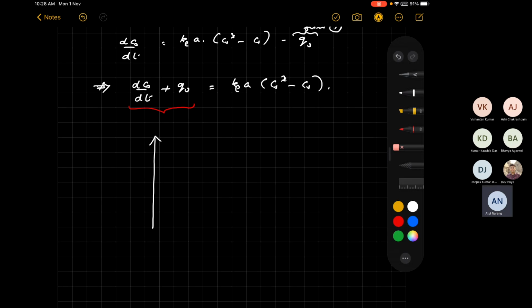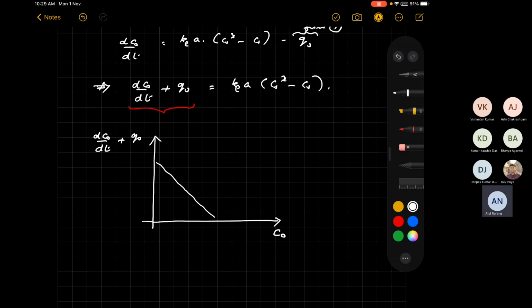On the y-axis, you plot dCO/dt plus Q0, and here you can plot CO. Then essentially you can get both.